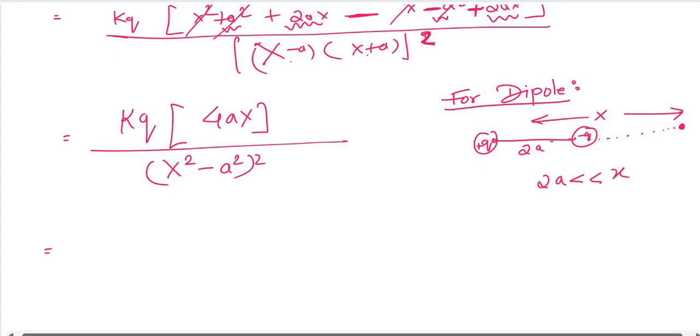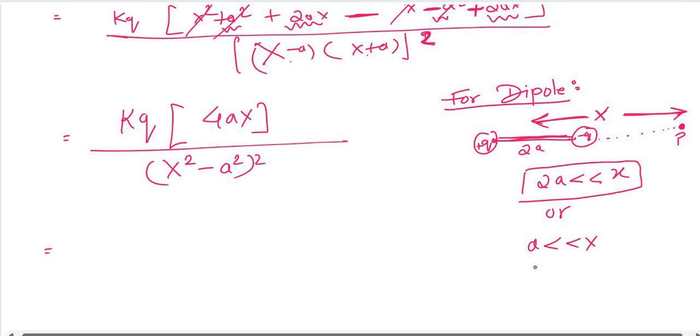See, for the diagram, for derivation purpose, I have shown it big, but it's hardly 1 mm or 2 mm. And the distances where we are measuring the electric field are about 1 meter or 2 meter. So 2a is very tiny, x is very big. So we can almost ignore a in front of x.